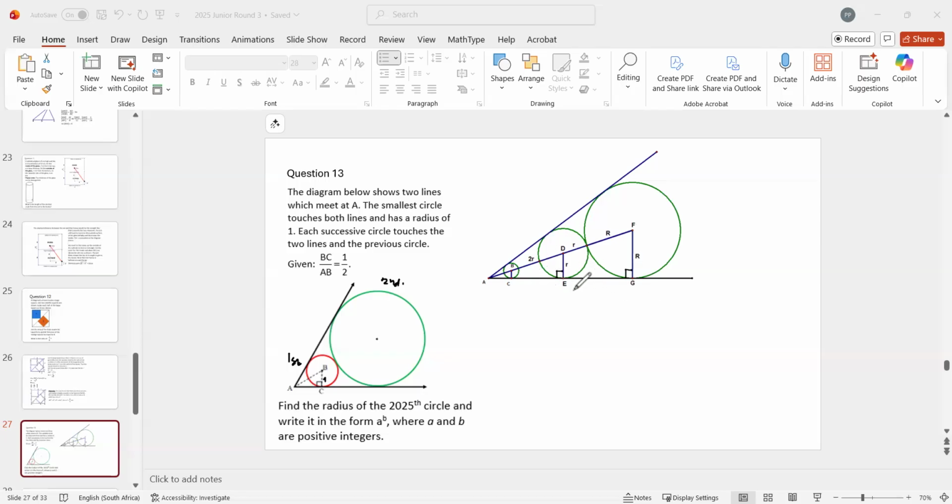I'm going to take a circle of radius r. Now, is there a connection between capital R and small r? Can we find capital R in terms of small r? Now, I just want to notice something here. We've done this before, and you see, you got these triangles.